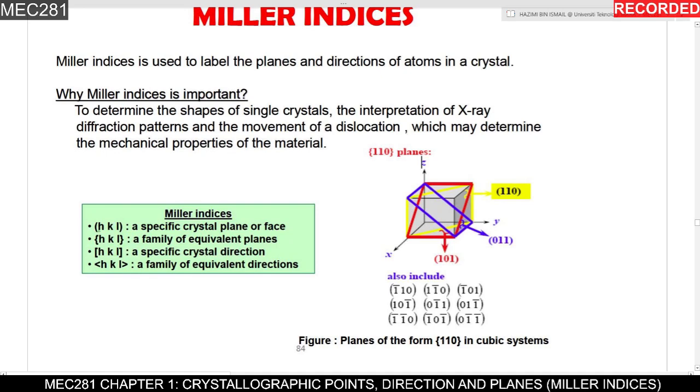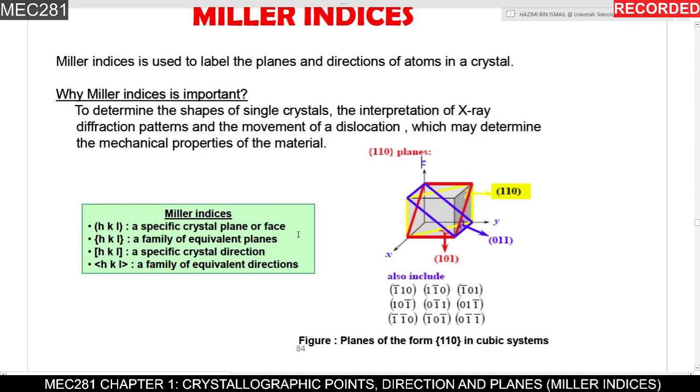The difference here is that the parenthesis is for the crystal plane, and this one is the enclosure symbol for the direction. So when we write down the plane, we use the parenthesis here, and if we write the directions, we have to put the enclosure symbol here.